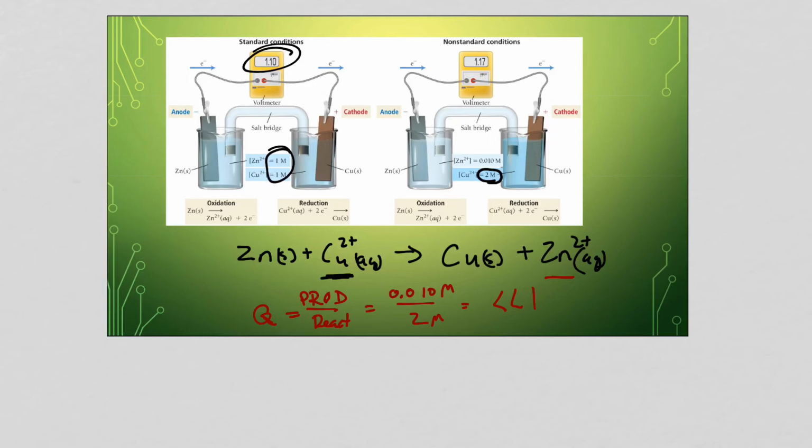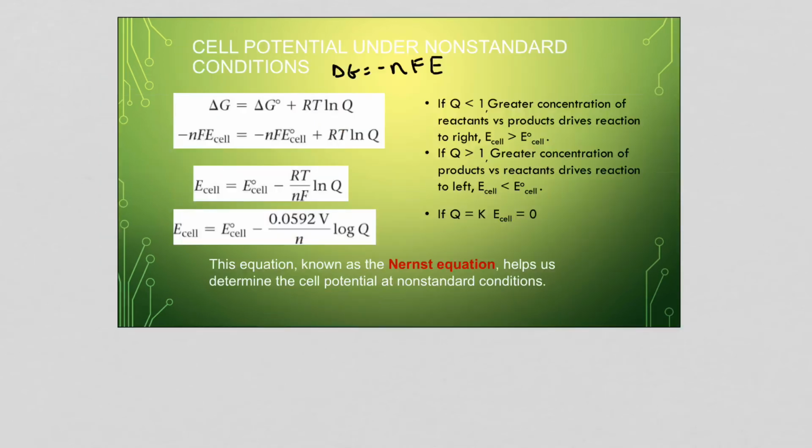And so, as we've done before, having more reactant than product, a greater concentration of reactants versus products, and therefore Q much less than 1, drives the reaction to the right.